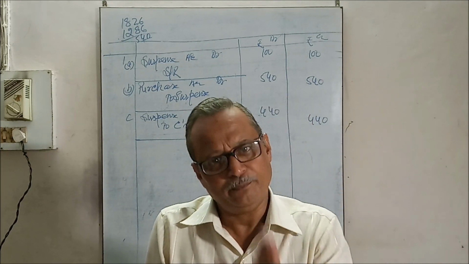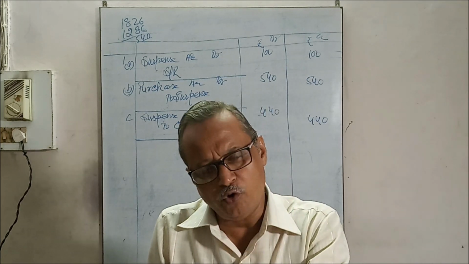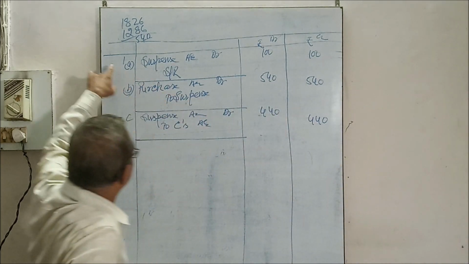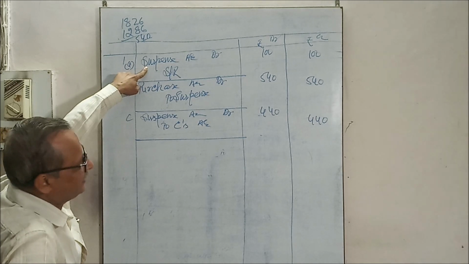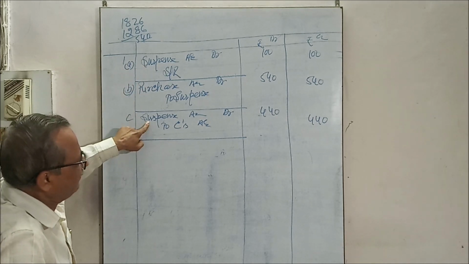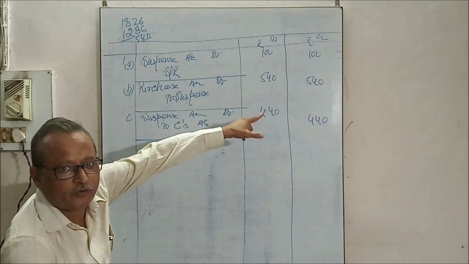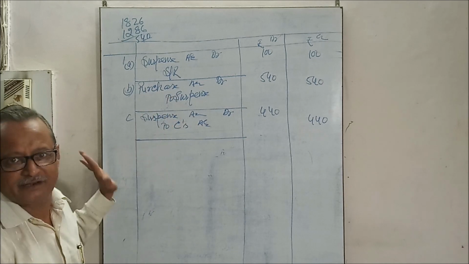This was a wrong posting, a clerical mistake. So the credit amount 400 plus the debit amount 40 should be added. Now see, in these three, A, B, C: suspense account debit 100, suspense account debit 440, total 540 debit; suspense account credit 540. So it is said to be a compensating error of these three errors.